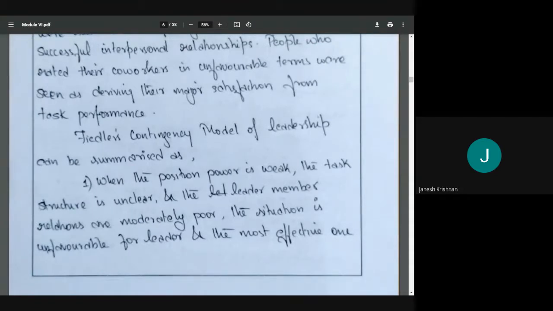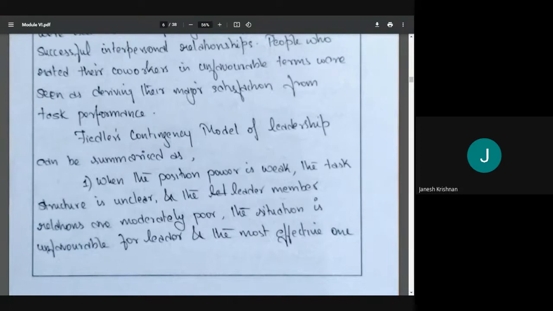And the task structure is also unclear, so there is no clarity in the task structure. And the third dimension, the leader-member relations, are moderately poor. So all three dimensions are weak: your position power is weak, your task structure is unclear, and your leader-member relations are moderately poor.